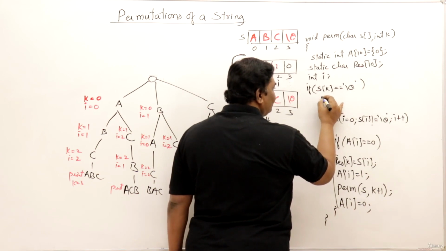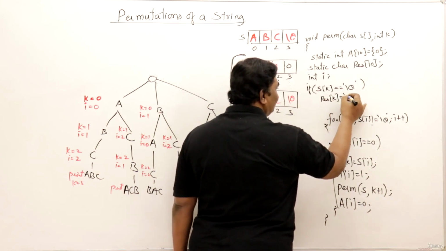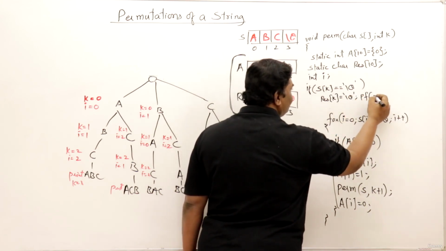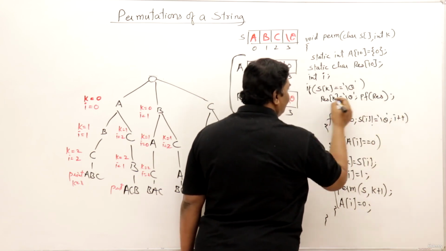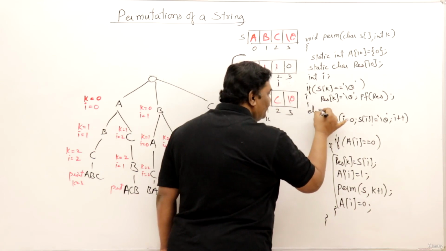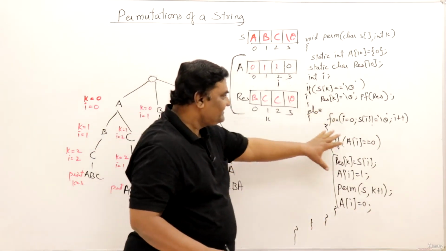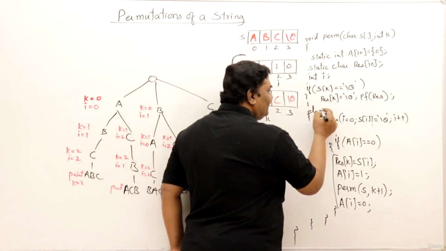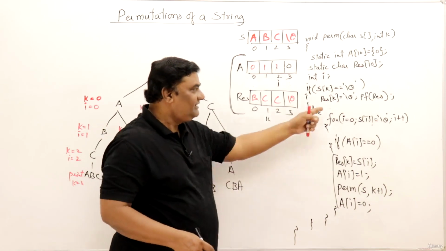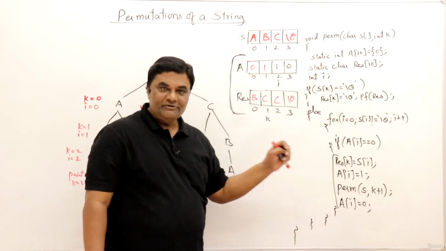Then in result of K, mark \0 and also print the result. So I am just writing it as printf result. So this I have to do if it is null. Otherwise, if it is not null, then this whole thing should be done. So all this procedure is in the else part, right? When we have not reached null, then do all this. If it has reached null, then print it. So that I have written in the beginning. So this is the procedure.